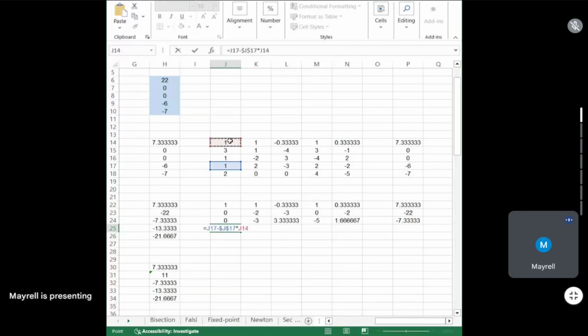Okay, then continue for the row 4. Okay, so this is for the row 4. And that's for row 4.